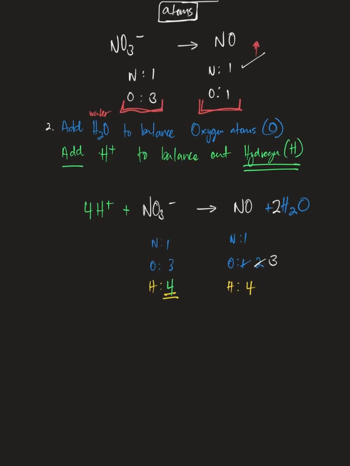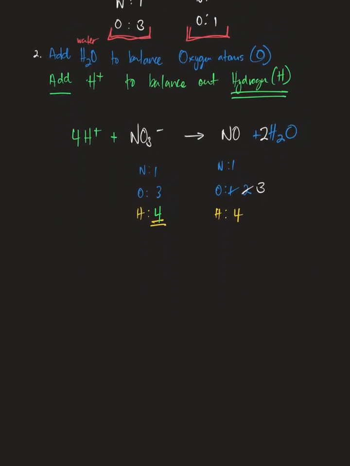Okay, so let's just write down some instructions here. I'm going to do it in another color. The first thing is we must add H2O to this reaction as it will balance out the oxygen atoms.